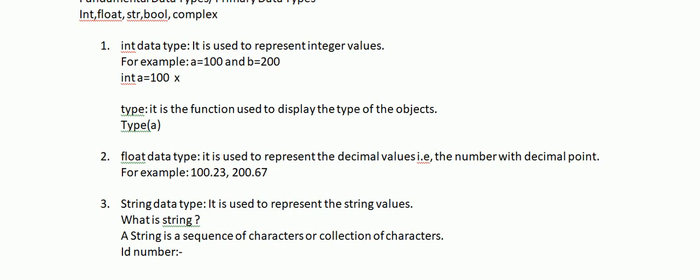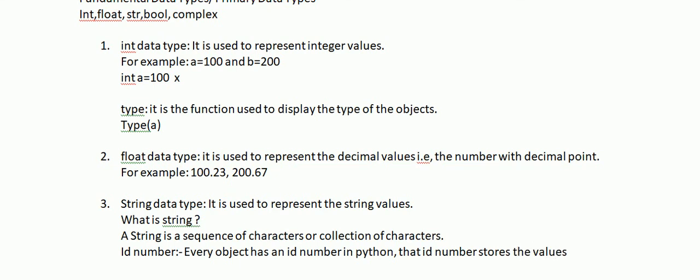Every object has an id number in Python, and that id number stores the value in the memory.